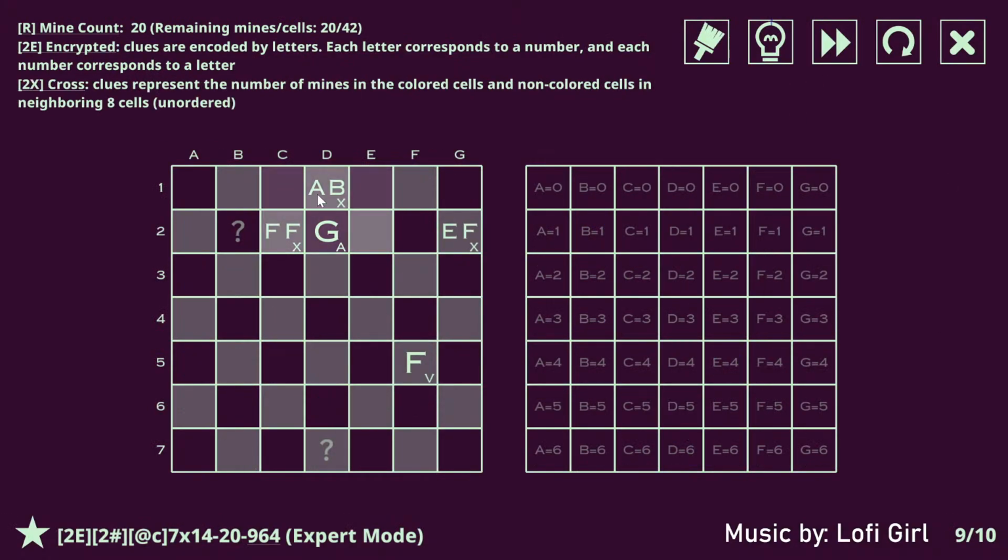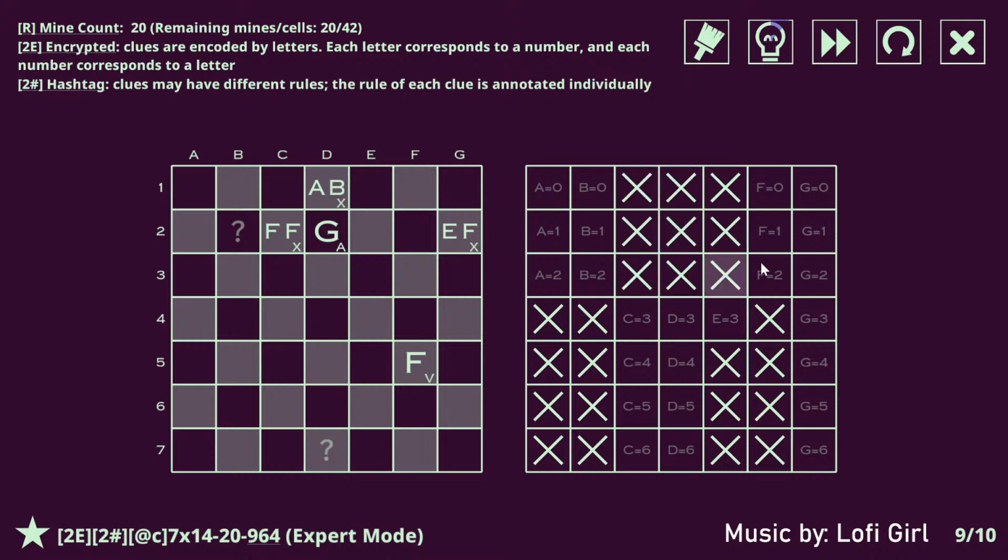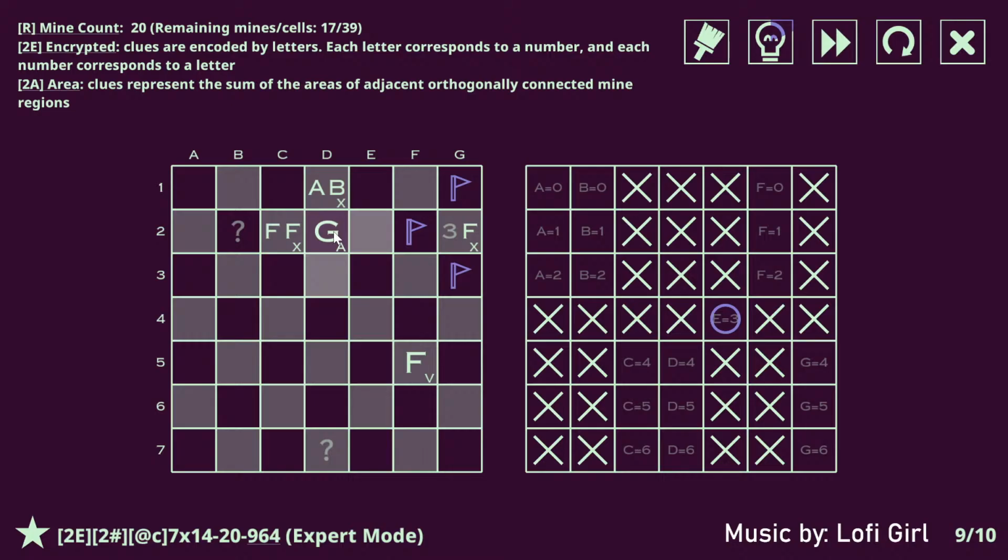Alright, let's do another. So we have some information given to us. So we know A, B, and F now have the values of 0, 1, and 2. So nothing else can have those values, immediately giving us the fact that E is 3. So these are all mines. G area. G is at least 4.